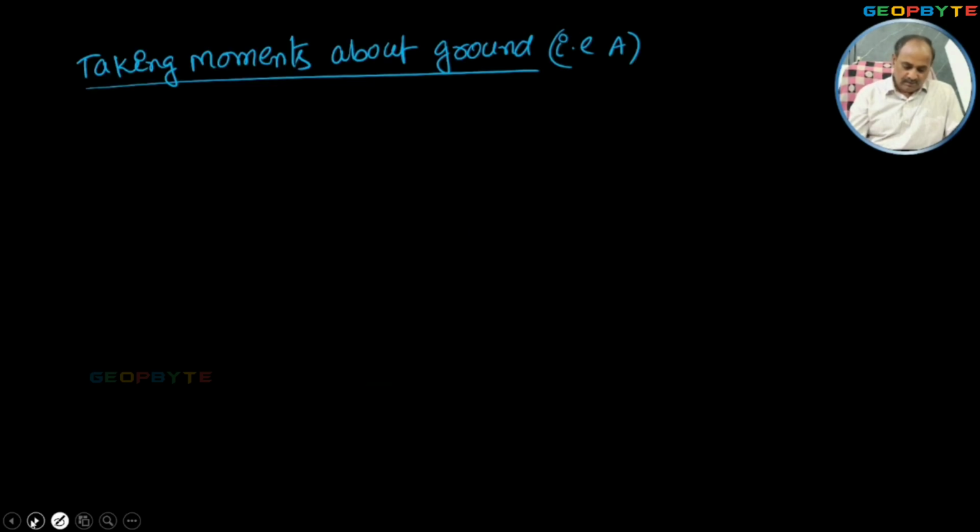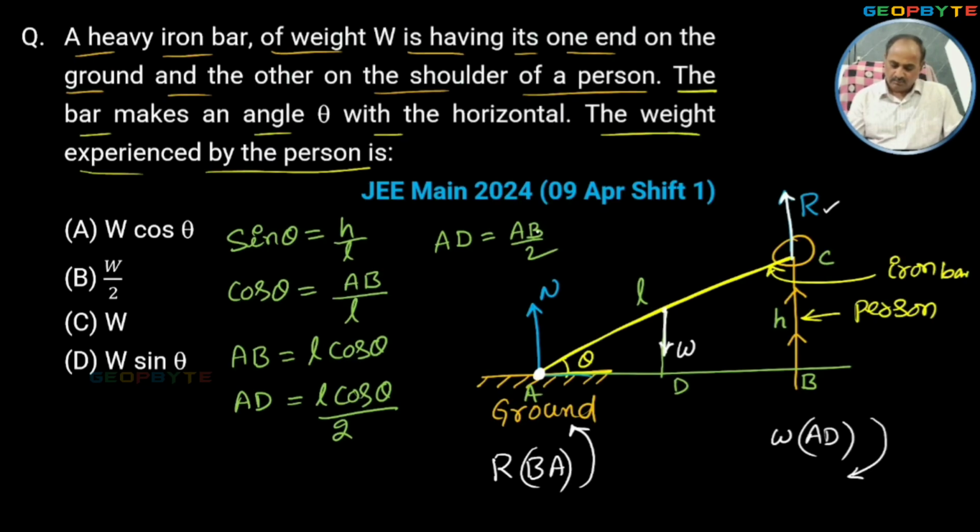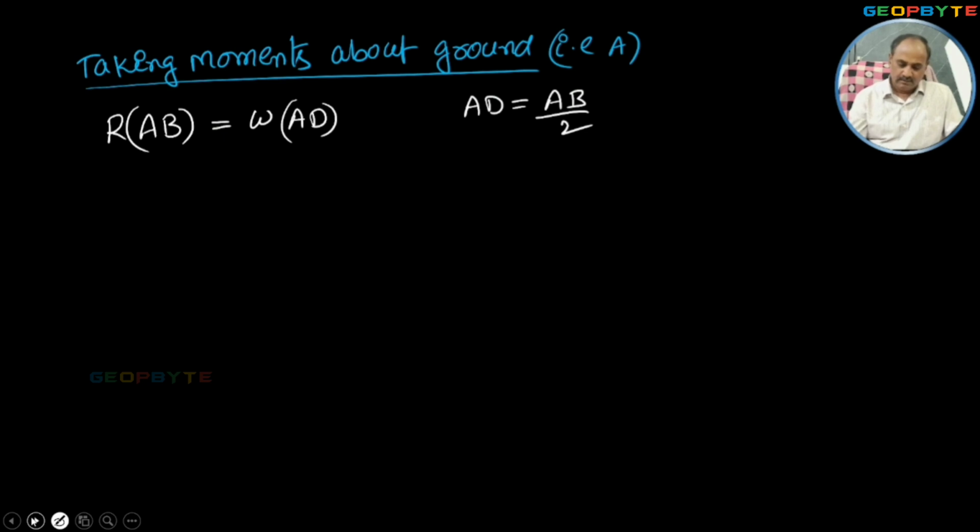Therefore, R into AB equals W into AD. But what is AD? AD equals AB by 2 only. So R into AB is equal to W into AB by 2.